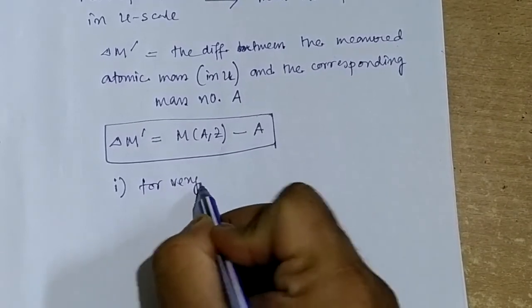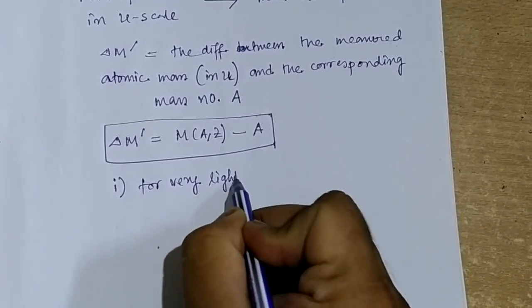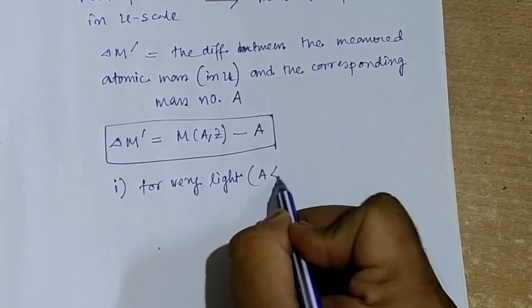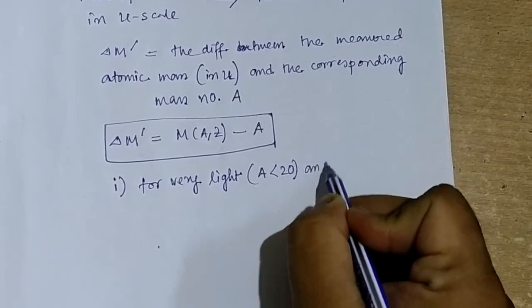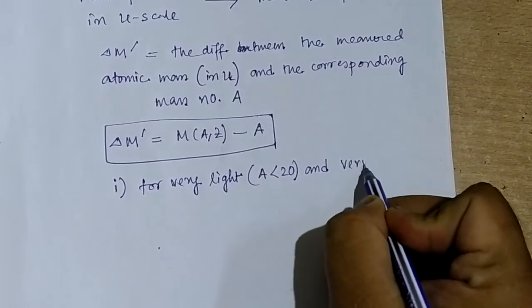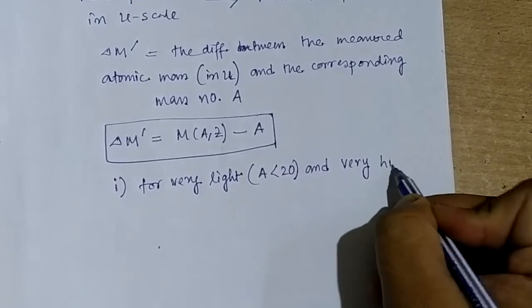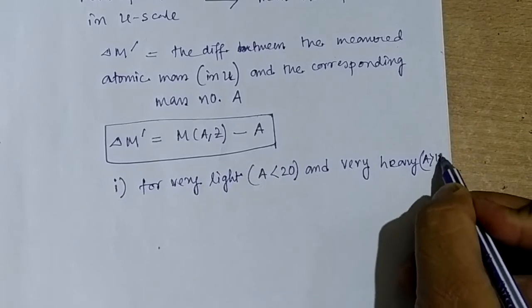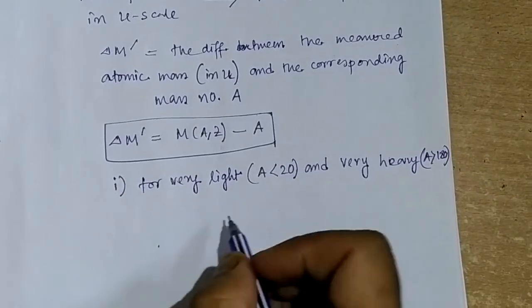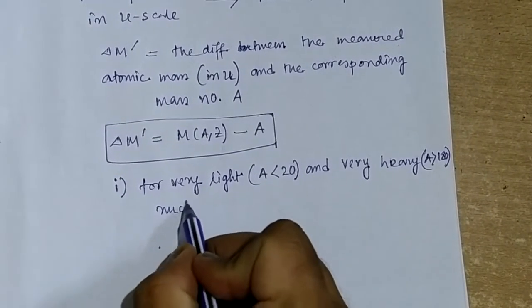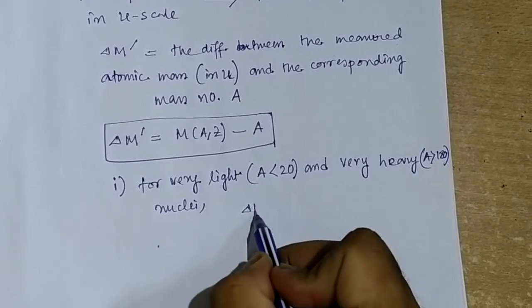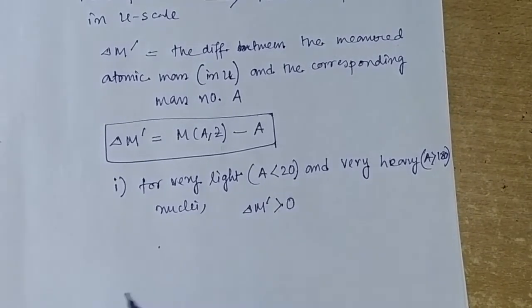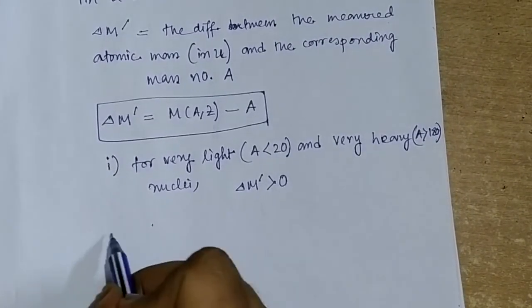And we have also already shown that for very light nuclei, for which A is less than 20, and very heavy nuclei, for A greater than 180, del m prime will be positive. Clear?